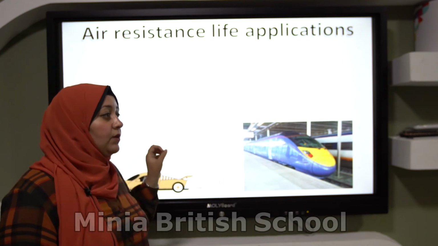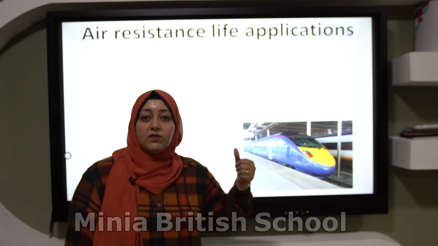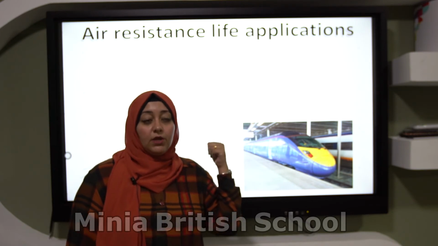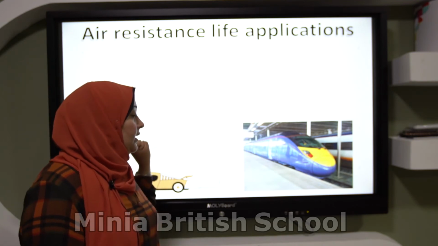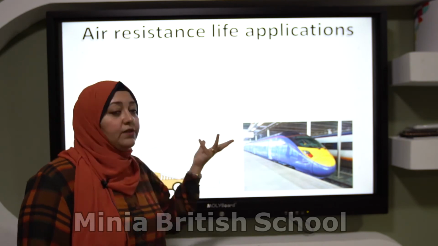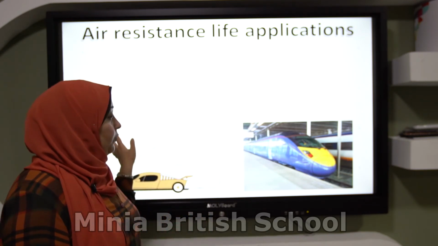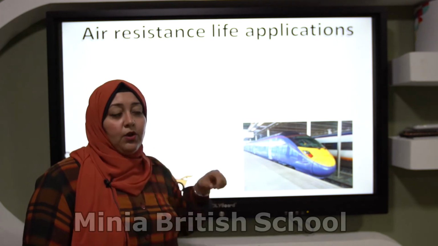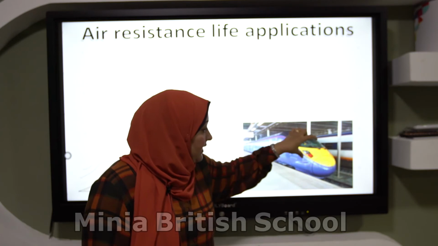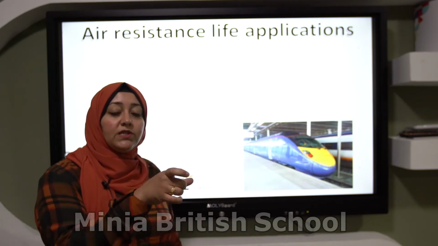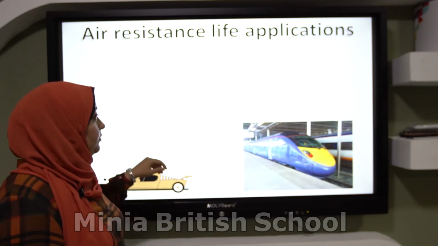What are the benefits from studying the air resistance? We have life applications. We have the advantage of the air resistance. Like what? When we design a train or the modern cars, they make a streamlined shape like that. They have a small surface area in the beginning of the body of the car, or the train or the rockets.